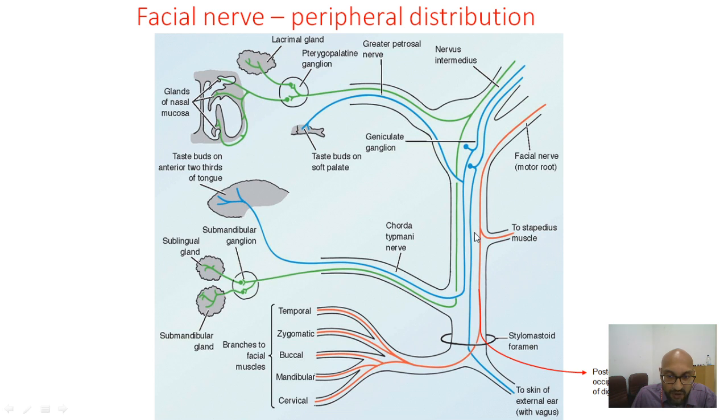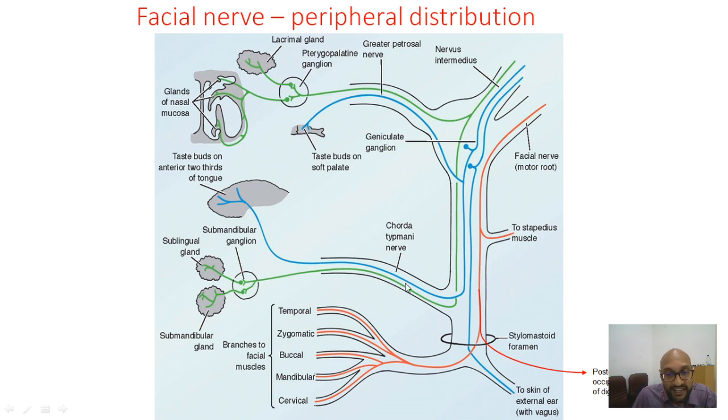Then further down, before it exits out of the stylomastoid foramen, just about 5 to 6 millimeters proximal to the stylomastoid foramen, it gives off a branch which also contains a sensory component and a parasympathetic component, known as the chorda tympani nerve. It is called chorda tympani because it lies inside the middle ear cavity, which is known as the tympanum or the drum.